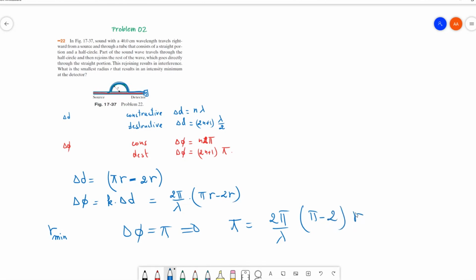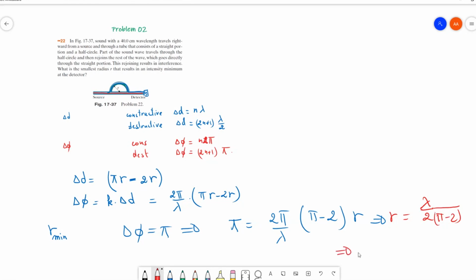Since we want r, I write it in red. So it's easy, pi and pi simplify. I will have lambda over 2 times (pi minus 2).